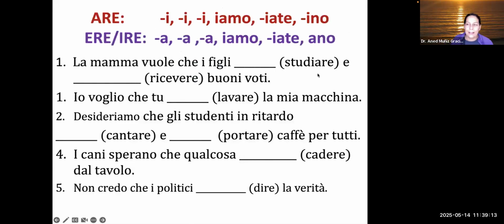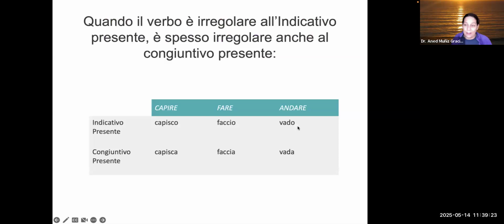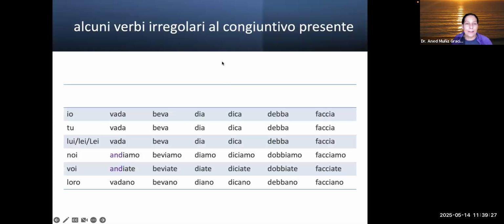And then some examples. La mamma vuole che i figli studino e ricevano buoni voti. And then some other reminders in a different format. And if you see here, some textbooks will list irregular verbs in present subjunctive.